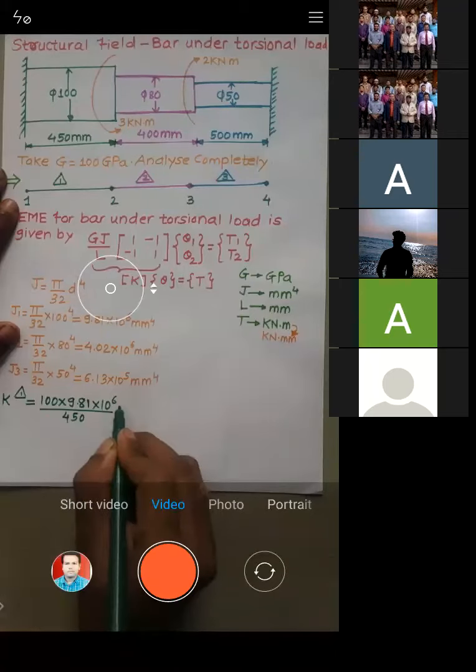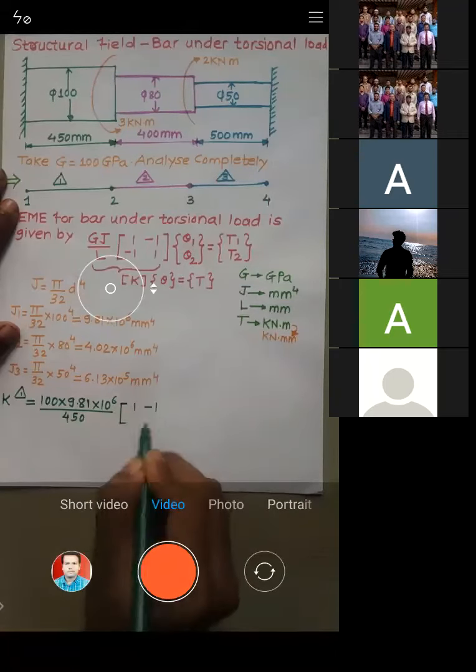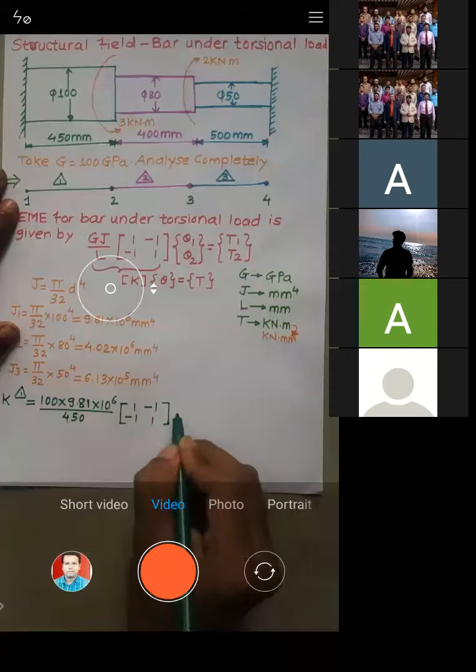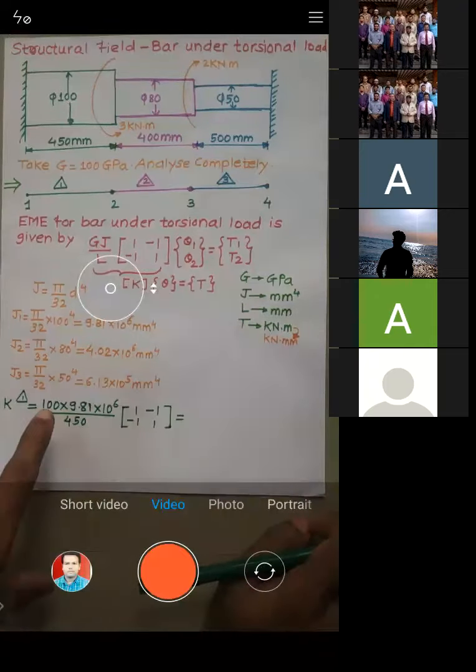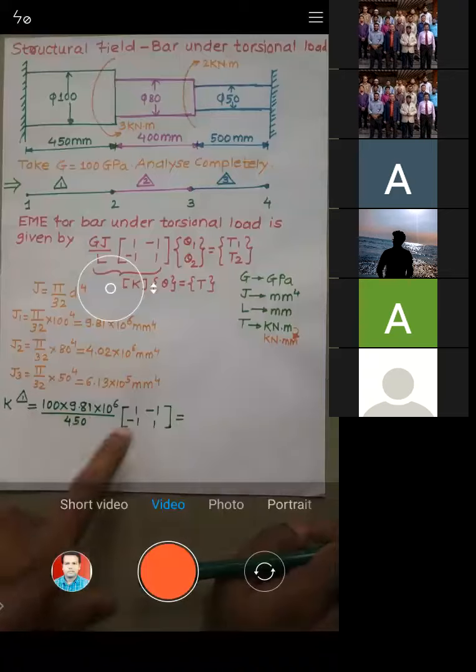Into the matrix 1, minus 1, minus 1, 1, right? So just do this calculation. G is the same for the entire problem, this is J, and upon the length of the element, 450. Just let me know what value we get.